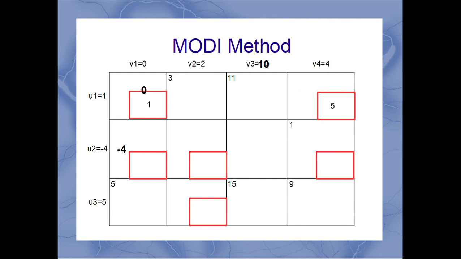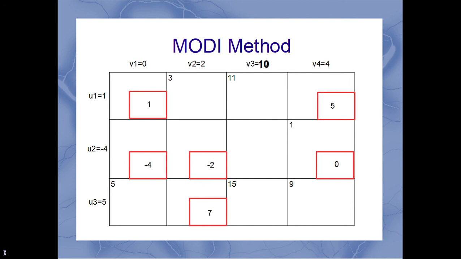Minus 4, 0 equal to minus 4. Minus 4, 2 equal to minus 2. Minus 4 plus 4 equal to 0. 5, 2, 5 plus 2 equal to 7.